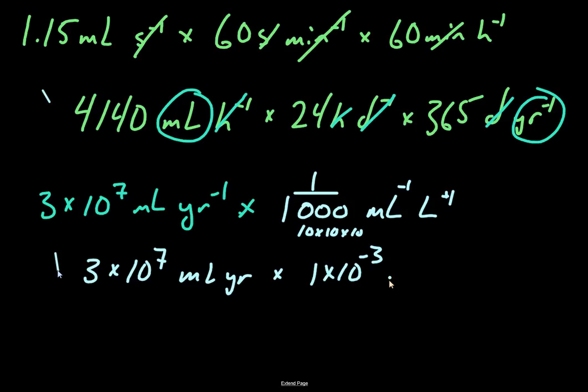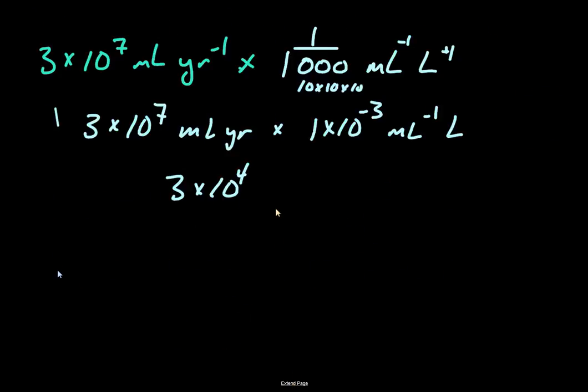So it's the same thing there, and that's liters for every given milliliter, right? There's 1/1000th of a liter in a milliliter. So 7 plus negative 3, we can just say we're at 3 times 10 to the 4 liters per year.